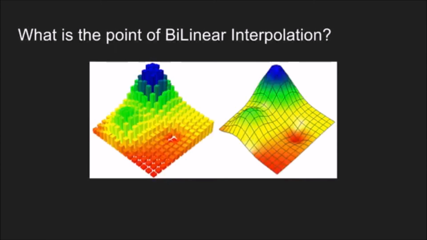vertices, height map vertices. But if we wanted to build a picture of the color map of that terrain, we might want to build a picture that's much bigger than that particular height map. We might be working with a picture that's maybe 1,024 pixels by 1,024 pixels.